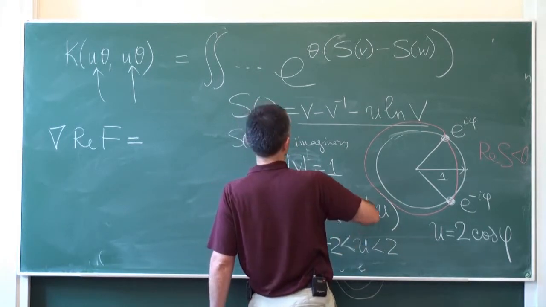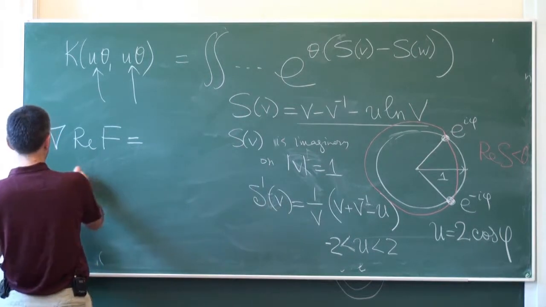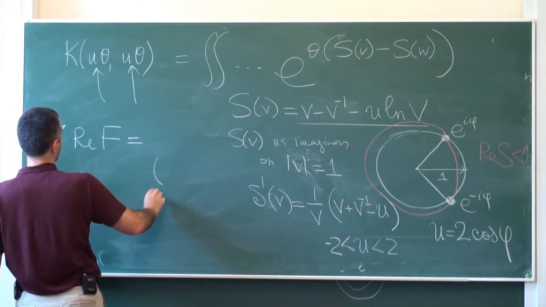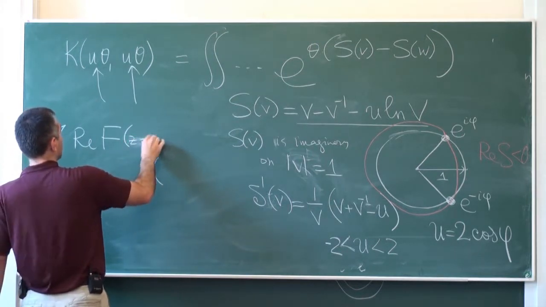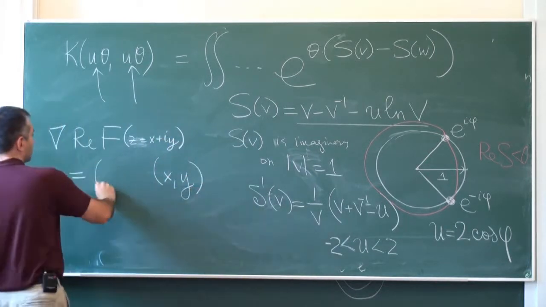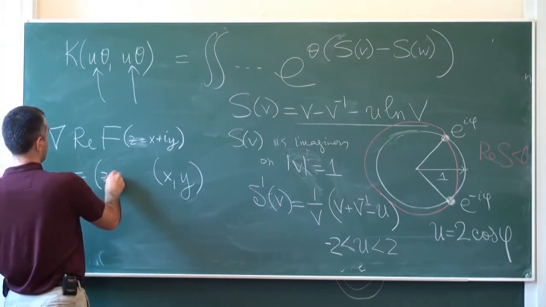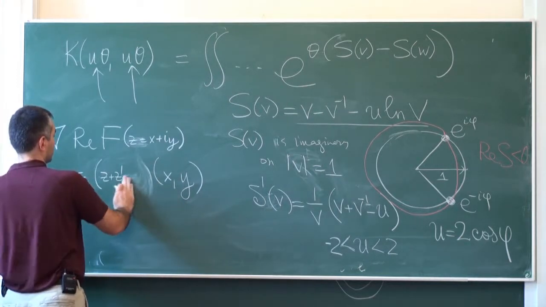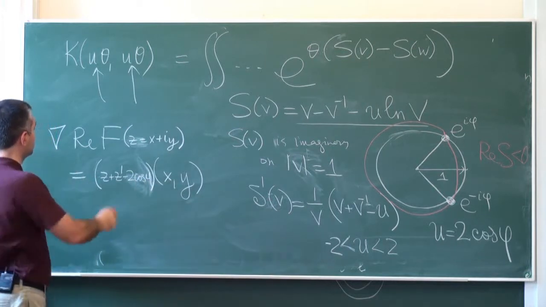The gradient of the real part of f is evaluated at z, which is x plus iy. This is the vector xy multiplied by z plus z inverse minus u. So minus 2 cosine phi. You can just check that.